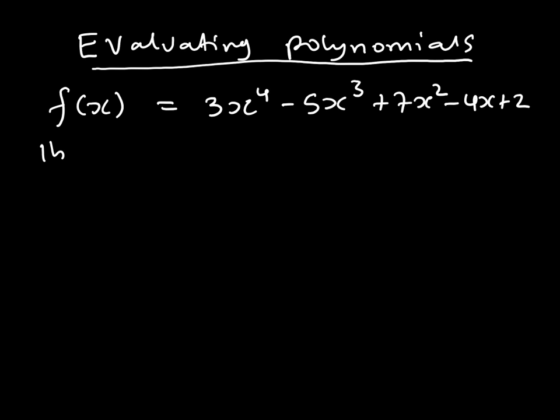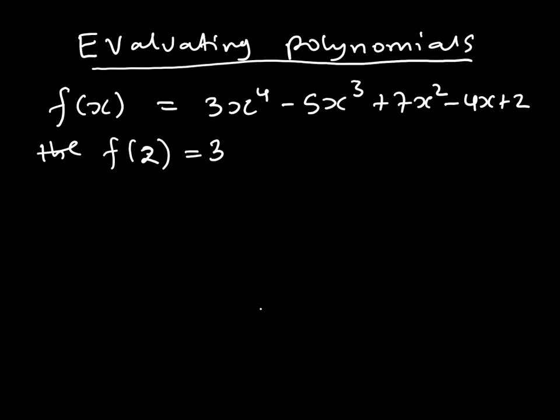If we want to evaluate it at the value of the variable x equals 2, what do we do? We substitute x equals 2. We look at the individual terms, evaluate the individual terms, and then sum them together. So what we get will be the value of the polynomial.